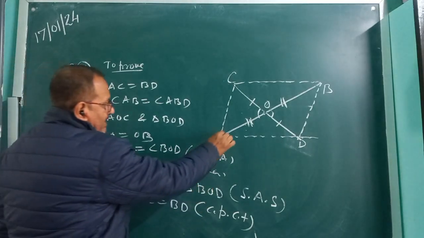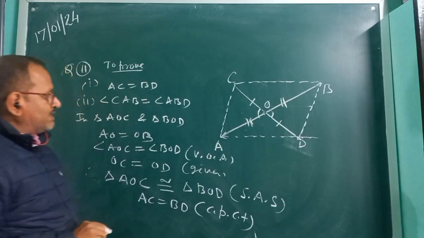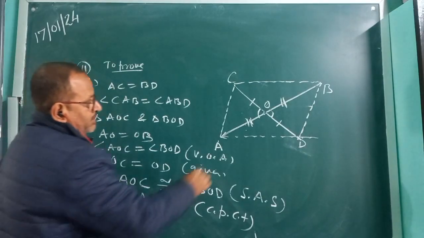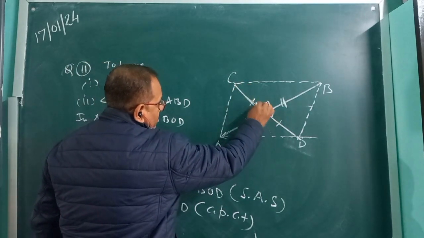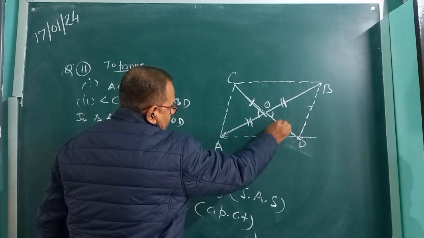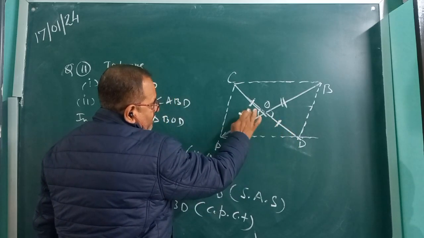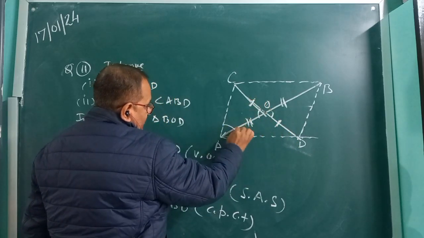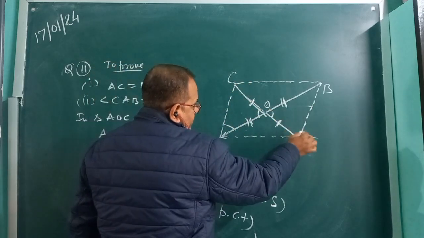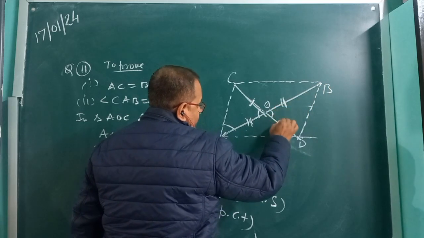Now corresponding angles are also equal. How can we see the corresponding angles? Angles opposite to equal sides. So in this triangle, OC and OD, these two sides are equal. Opposite to OC is angle CAO in this one, and here angle DBO.